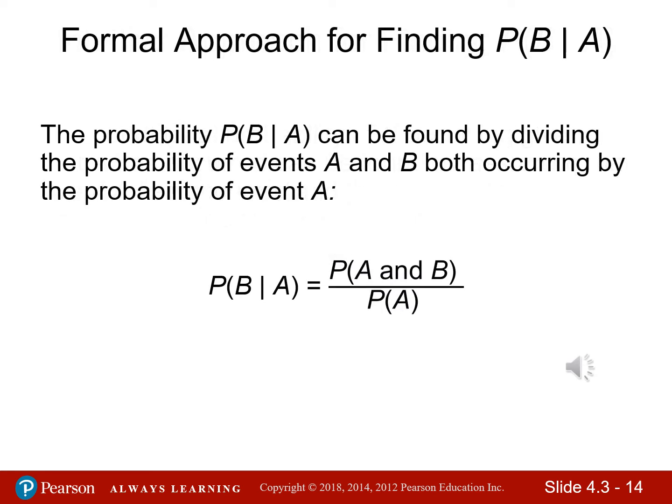Now let's consider the formal approach to finding the conditional probability of B given A. The formula for calculating a conditional probability of B given A can be found by dividing the probability of events A and B both occurring by the probability of event A occurring. So that is to say, the probability of A and B over the probability of A.